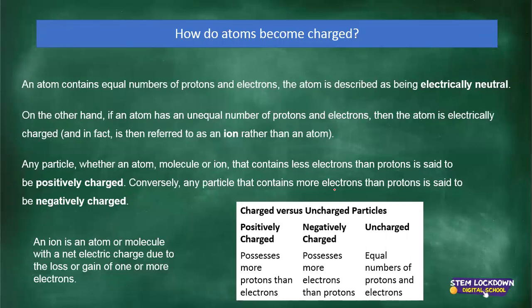That would be an easy way for you to remember. If you remember MEN, more electrons negatively charged, then you obviously remember LEP, less electrons positively charged. So that's one way of learning.